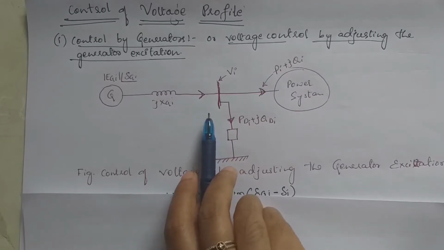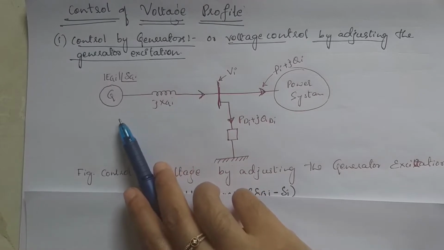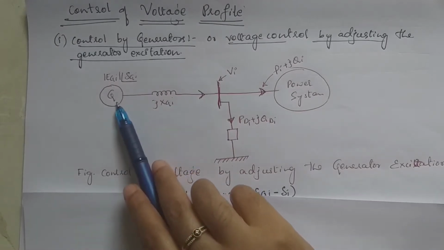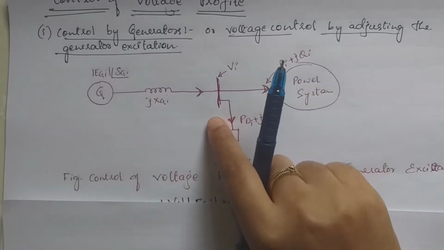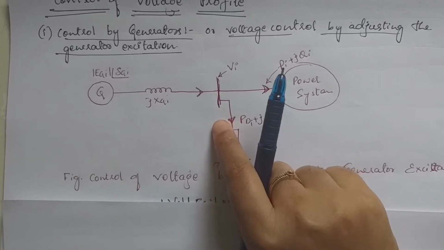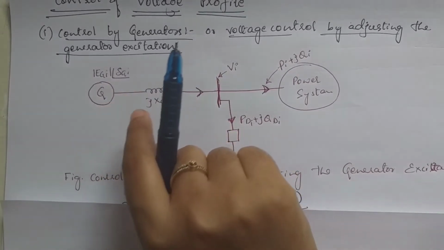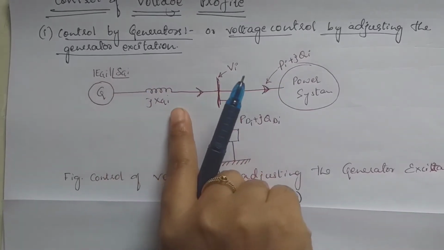At a bus with generation, voltage can be conveniently controlled by adjusting the generator excitation. In this figure, the equivalent generator at the ith bus is modeled by a synchronous reactance as well as a voltage behind the synchronous reactance.